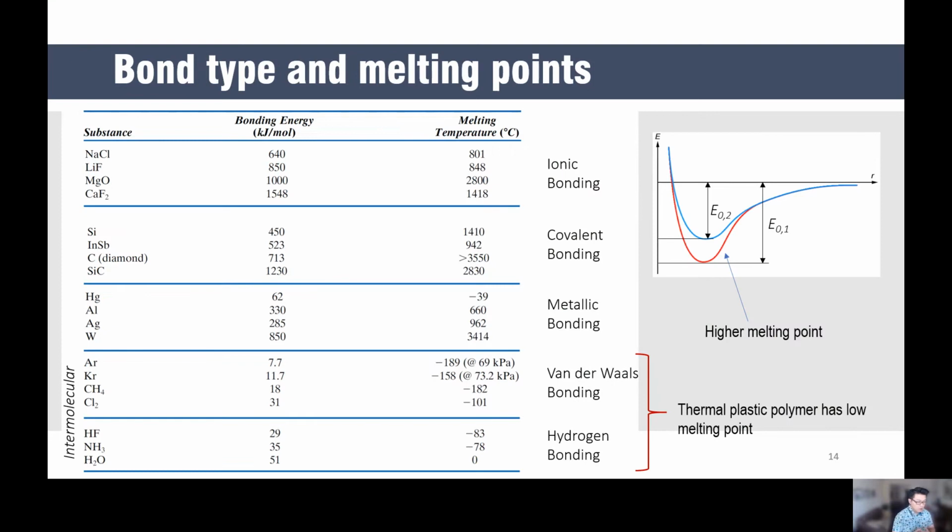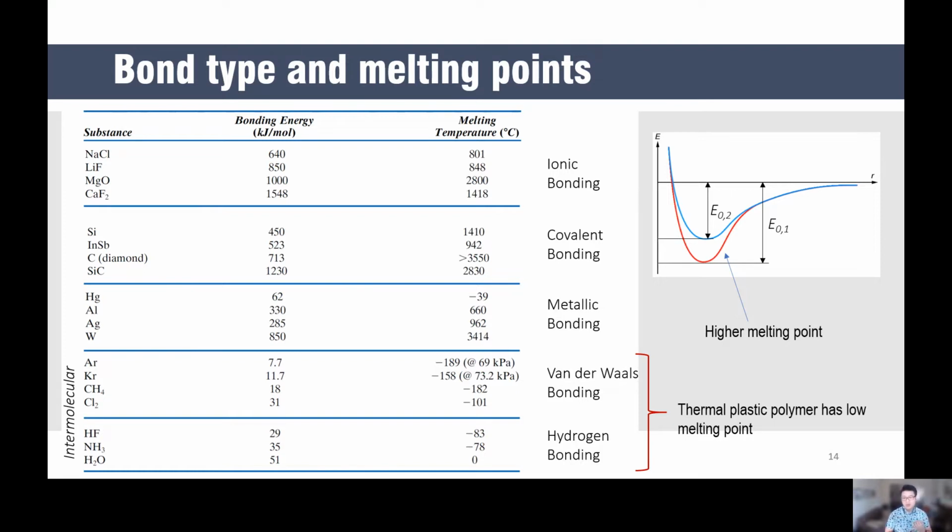So previously, we talked about how bond strength can have an effect on melting point. And since ionic, covalent, and metallic bonds are relatively strong, in general, metals and ceramics tend to have a much higher melting point. And ceramics tend to have the highest melting point, because the bond strength is stronger than the metallic bond as well.